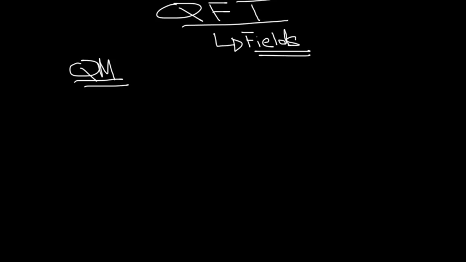Or let me just draw this example for you. So you have an electron and a positron, right? And when they collide with each other, or when they scatter, what you get is a photon and a photon, right?